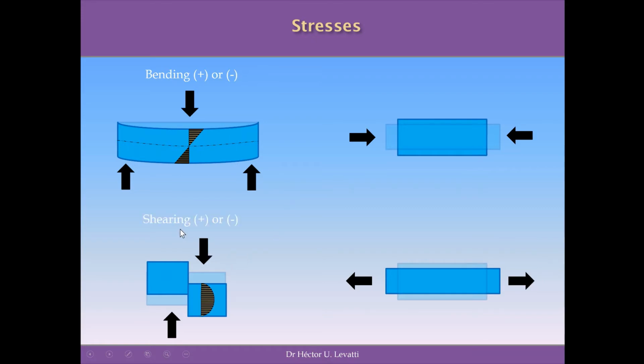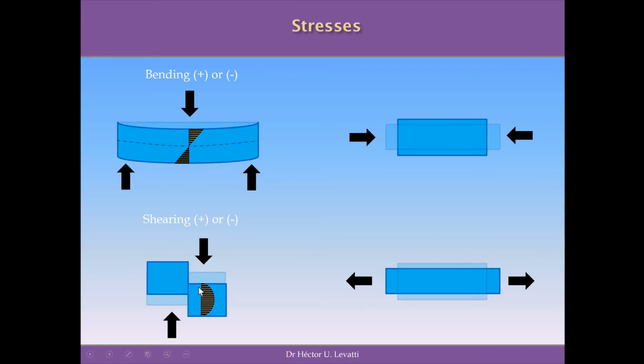In the case of shearing, you have shear forces that produce this relative displacement between these 2 parts of the structure, and on these cross sections we have a different distribution of stresses that are shear stresses.